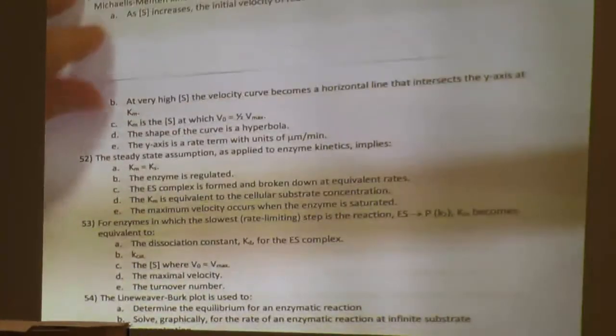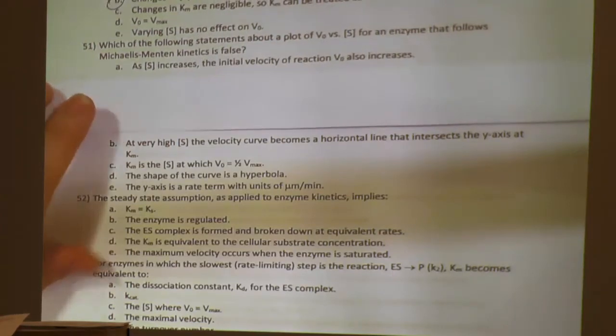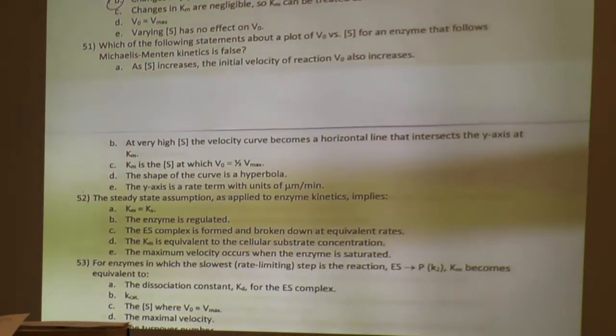So number 51. Which of the following statements about a plot of V naught versus concentration of S for an enzyme that follows Michaelis-Menten kinetics is false? So which one just flat out doesn't make any sense at all?